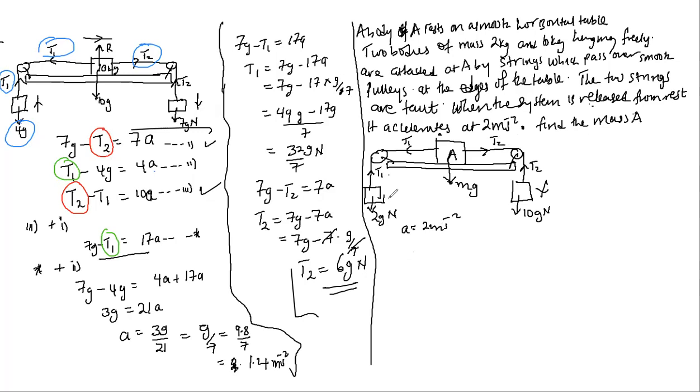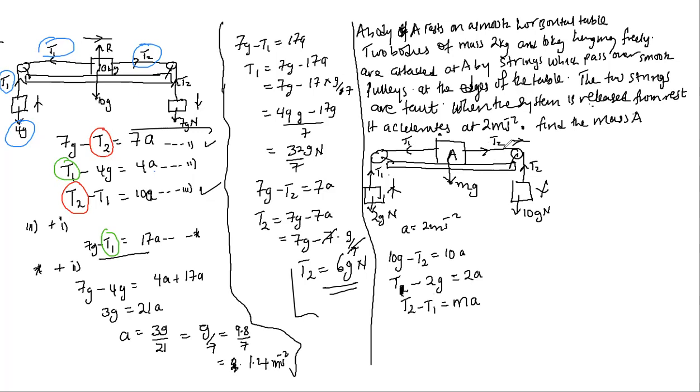Then on the 2 kilogram mass, T1 overcomes 2G to give us 2A. And then up there we have T2 minus T1 is equal to MA, not MG.